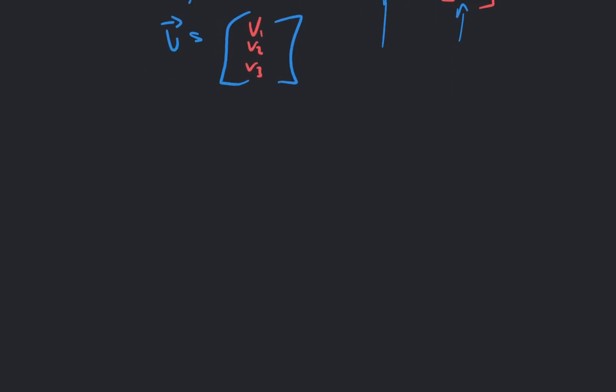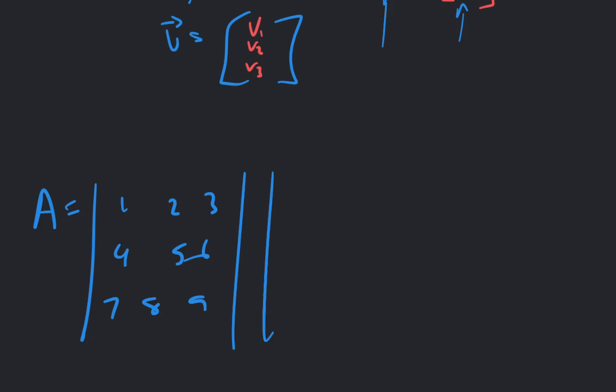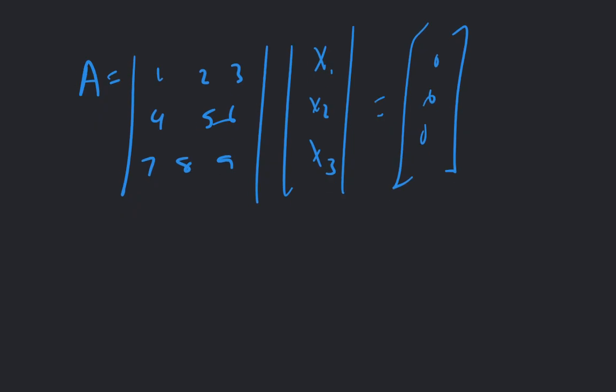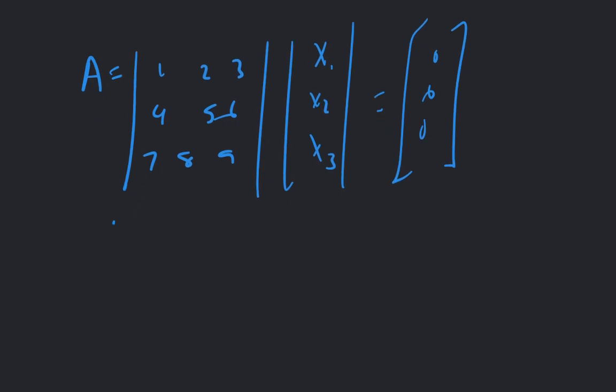So, for example, if we have a matrix A, and we want to multiply by some vector to get the 0 vector, how would we go about doing that? One way is to make it an augmented matrix and then row reduce it.